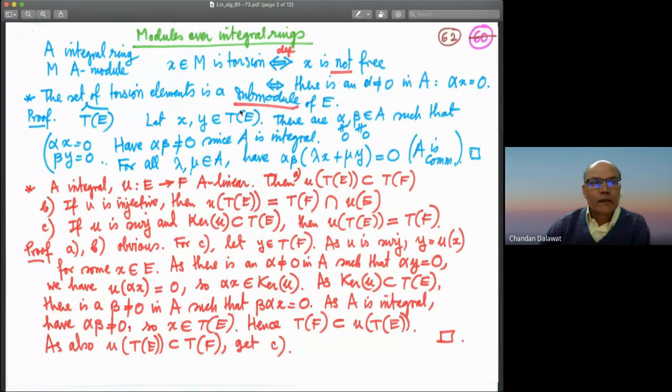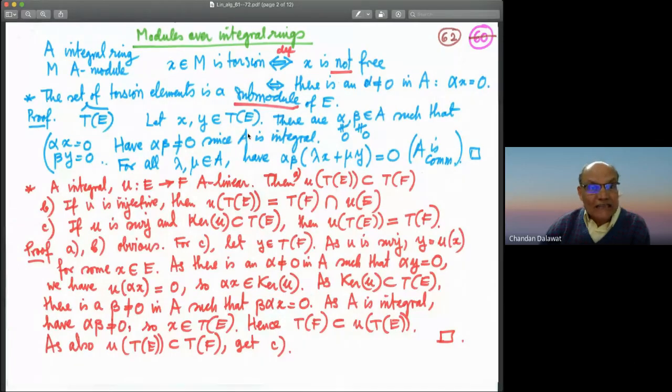Okay. So what do I have to show in order to say that it's a submodule? I have to show that if it contains two elements, then it contains all linear combinations of those two elements. So let's start with two elements x and y in T of E. Because they are torsion elements, there exist elements alpha, beta different from zero, such that alpha x is zero and beta y is zero.